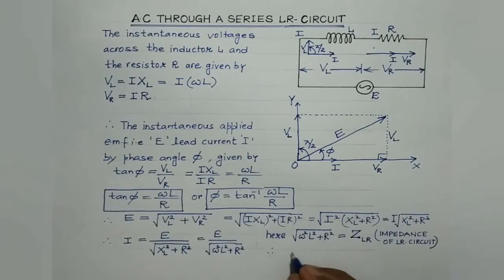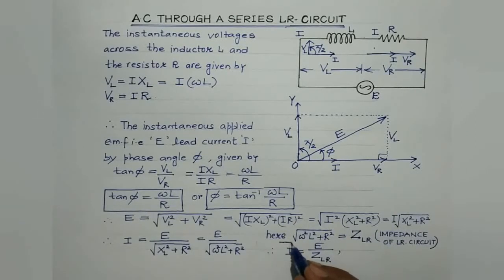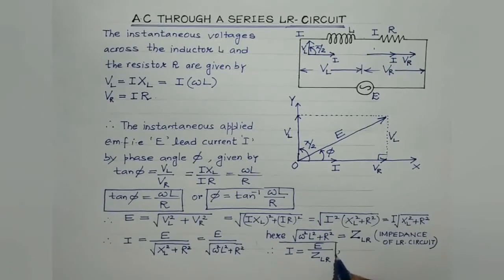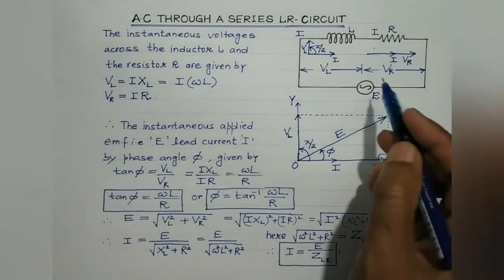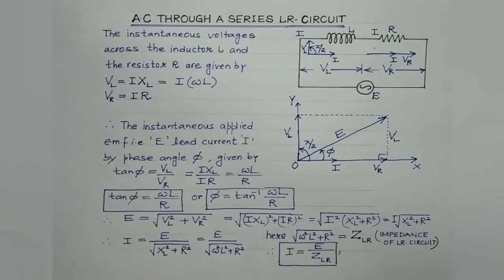Therefore, current I may be written as E divided by ZLR, where ZLR is the impedance of the LR circuit, which is square root of omega square L square plus R square. So this is the expression for the current flowing through the series combination of LR circuit, which is connected across an alternating source of EMF.